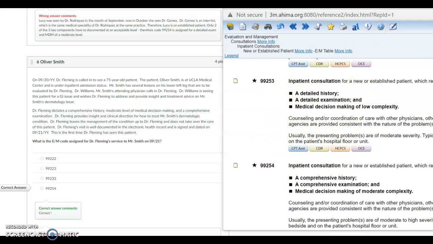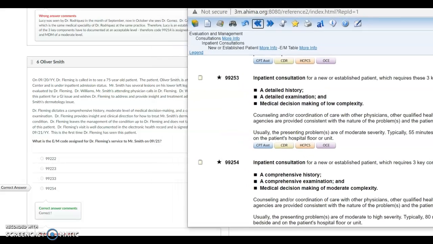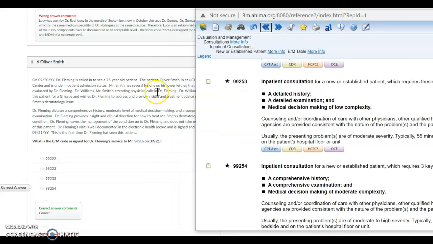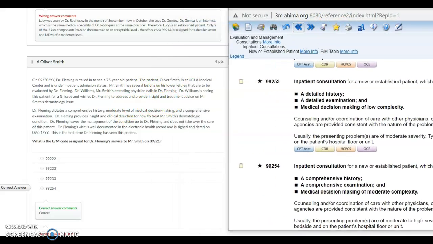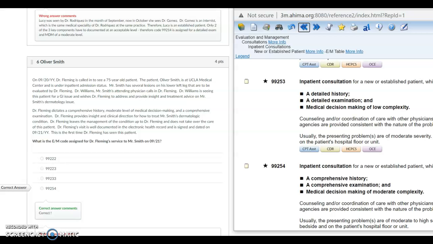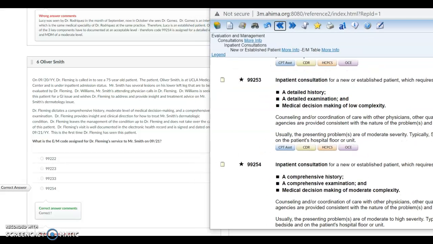And with the consult, let's look at our key components. We need all three. So with this, we have a comprehensive history. We have a moderate level of medical decision making.